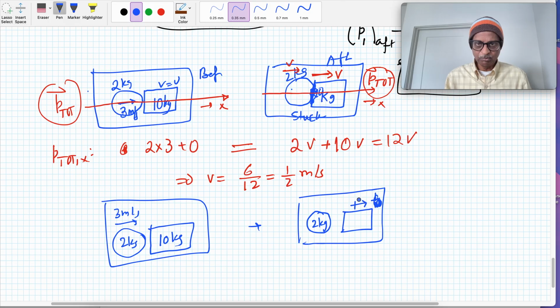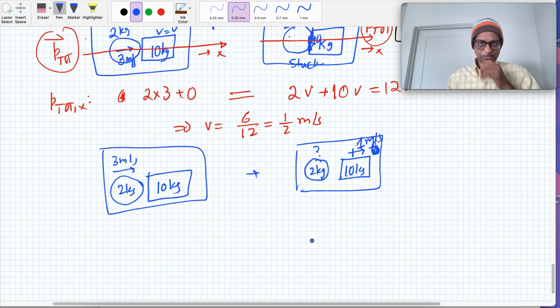See, it started to move. The 2 kilogram hit so hard that the 10 kilogram itself starts to move at 1 meter per second that way.